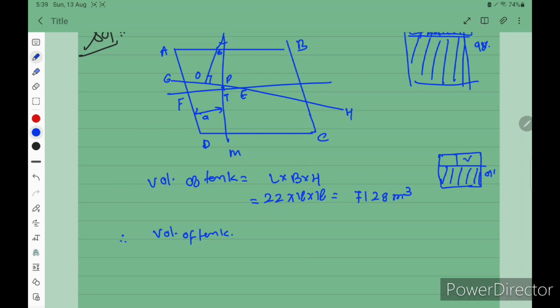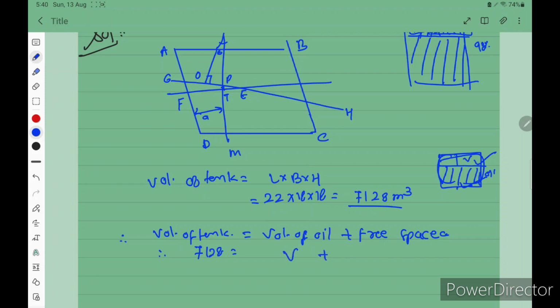So the total volume of tank is equal to volume of free space plus volume of oil. Okay, so volume of tank we calculated as 7128. Volume of oil we don't know, so we just write V.